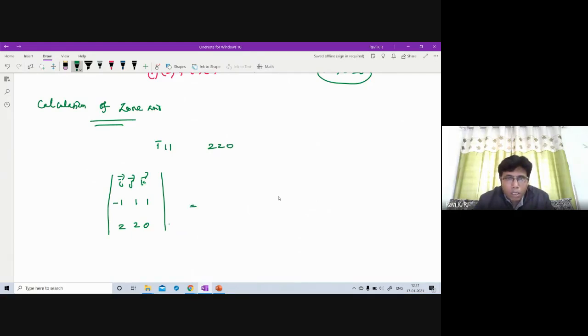It will become i times 1 into 0 minus 1 into 2, minus j times -1 into 0 minus 1 into 2, plus k bar times -1 into 2 minus 1 into 2.